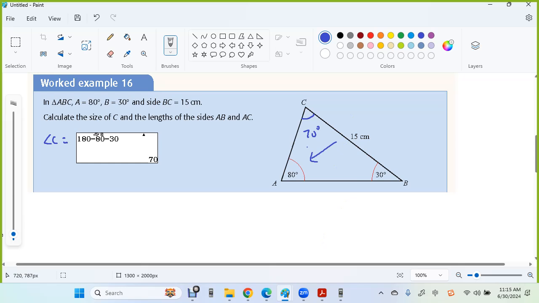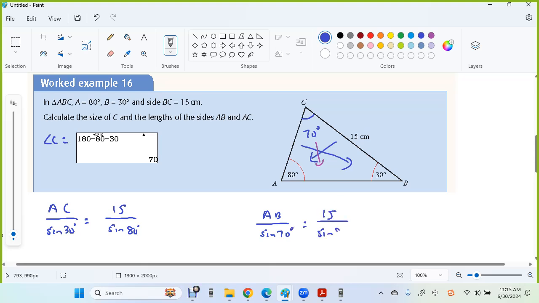Using the opposite pairs, we have AC over sine 30 equals 15 over sine 80, and AB over sine 70 equals 15 over sine 80.